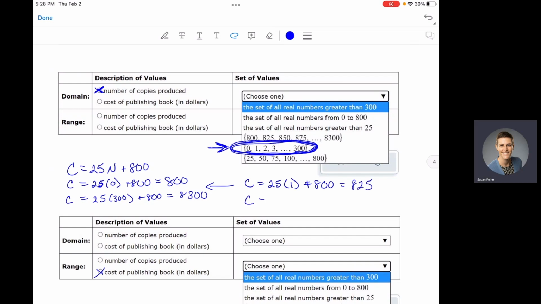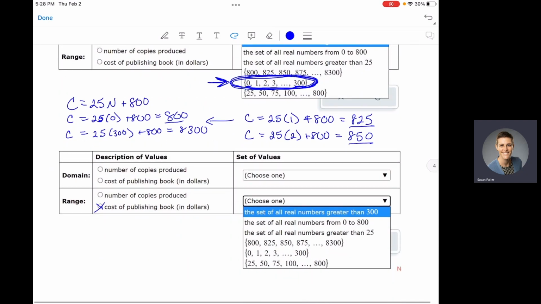And then what if we produce two books? Well, we are going to have 50 plus 800, that's 850. So do you see how we're not getting every number between 800 and 8,300? We're only increasing by $25 each time. So we'll get all of the numbers between 800 and 8,300 that are multiples of 25.